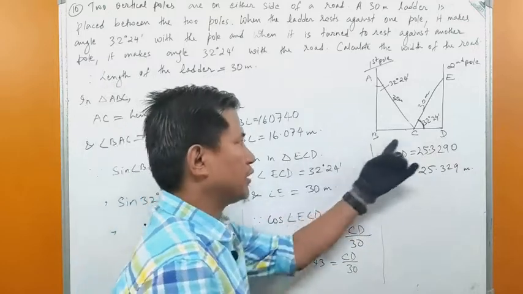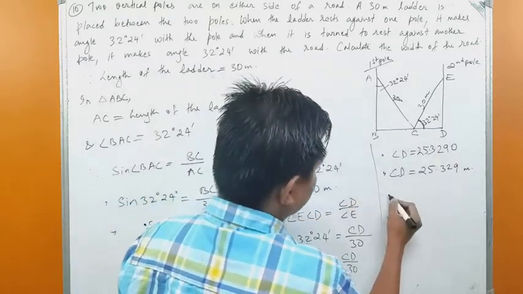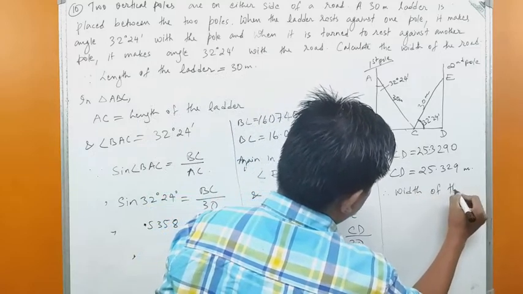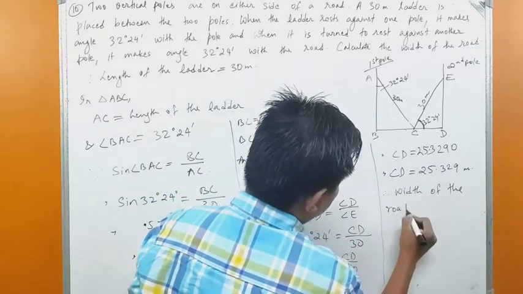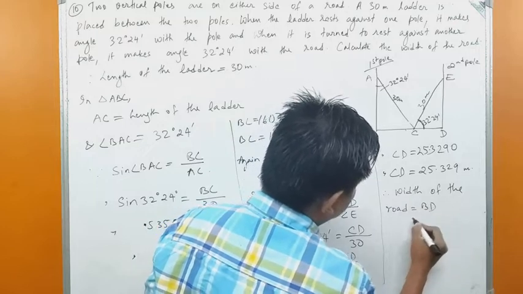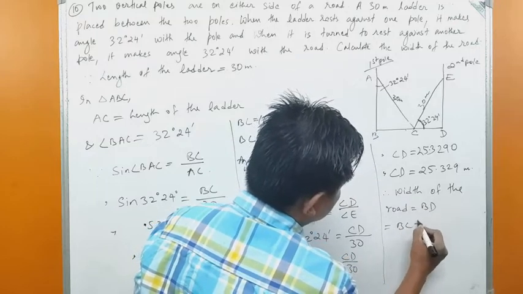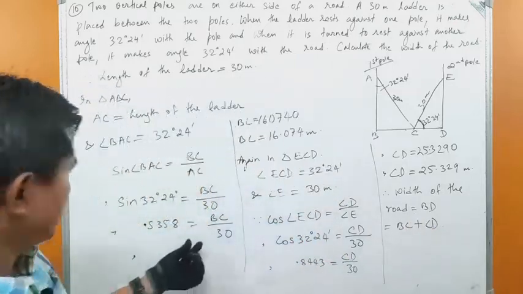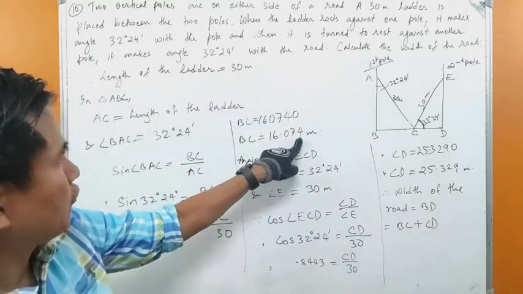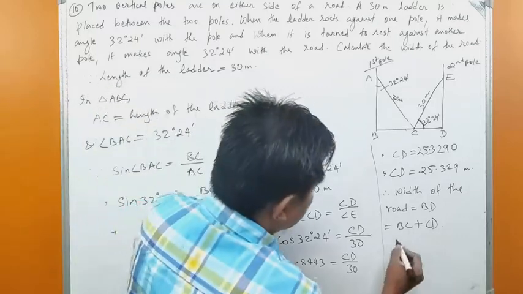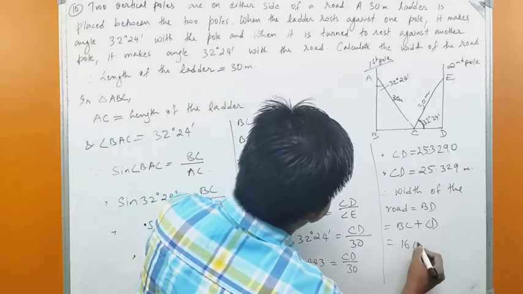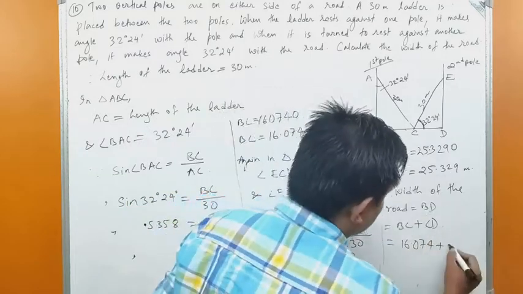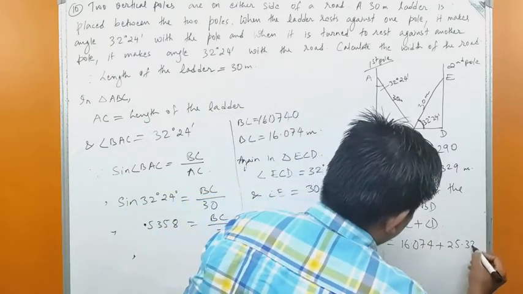So width of the road equals BD, isn't it? Therefore width of the road equals BD. BD means BC plus CD. So what is BC? BC is 16.074 plus CD means 25.329.